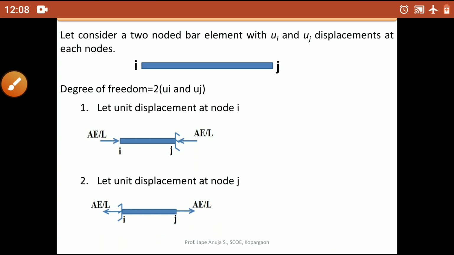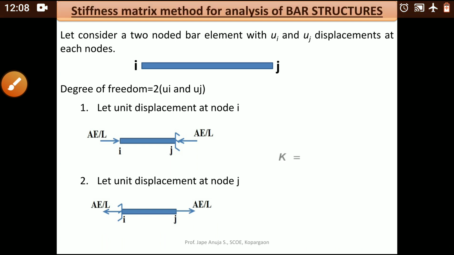Now from this we have to write the stiffness matrix of this bar element K. Here the stiffness matrix will have 4 elements, K11, K12, K21 and K22, so the order of the matrix will be 2 by 2.